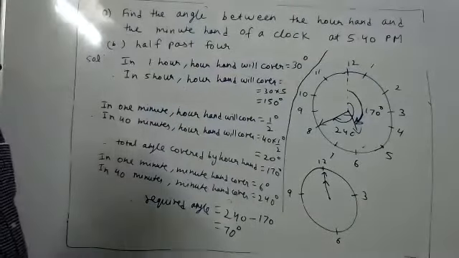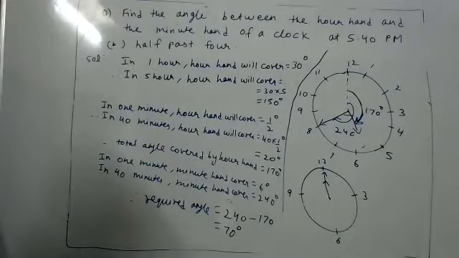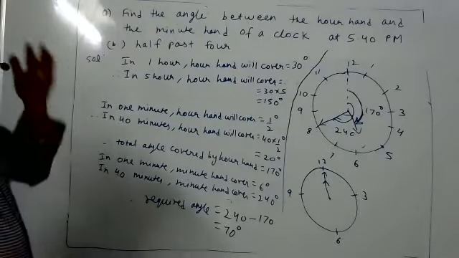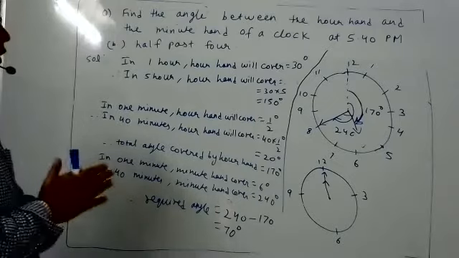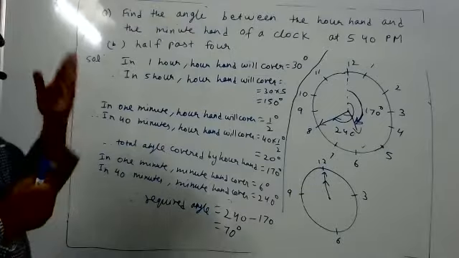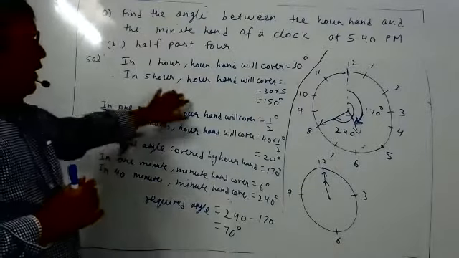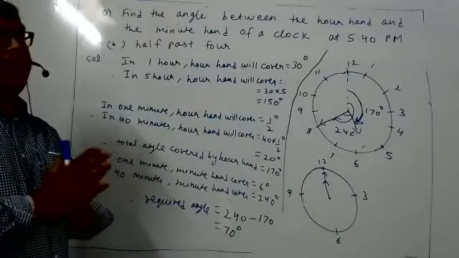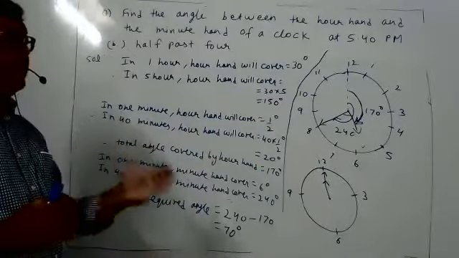You can copy and ask doubts if you have any. This is an easy process for this type of sum. Always assume that the time is 12, with the minute hand and hour hand both at 12. Then see by how much the hour hand is moving. Suppose it is 5:40. The hour hand has to move by 5 hours, and in 5 hours it will cover 150 degrees. But it will not move only 5 hours. It will also move 40 minutes, because the time is 5:40.